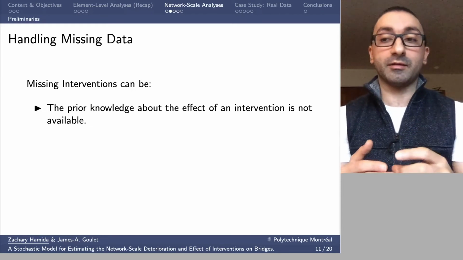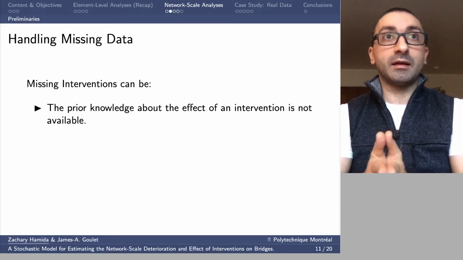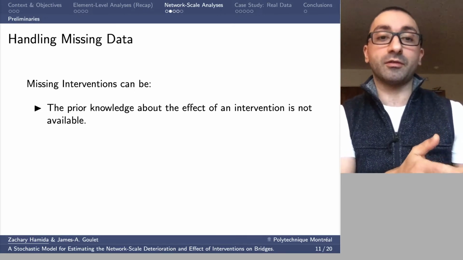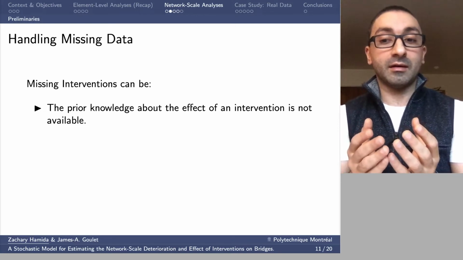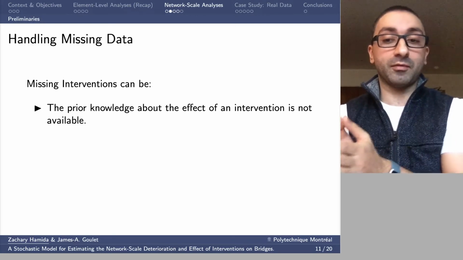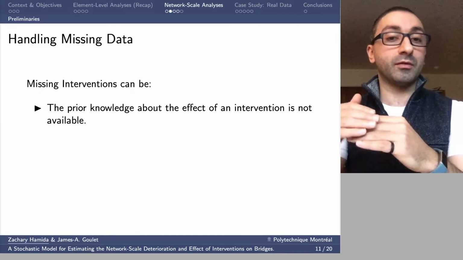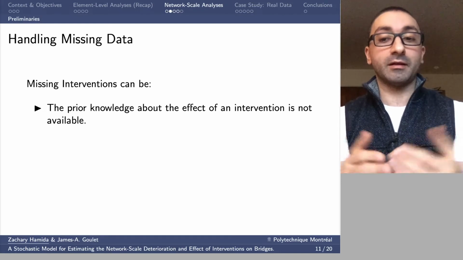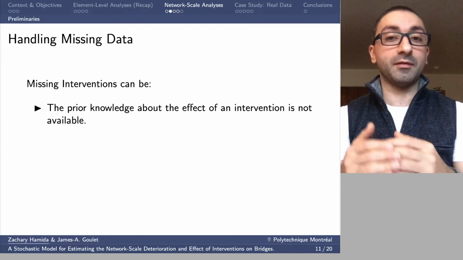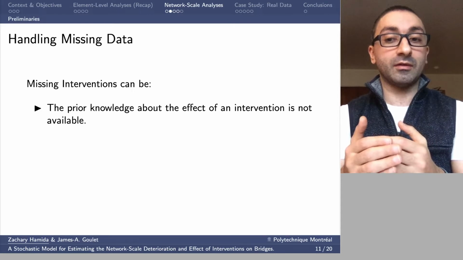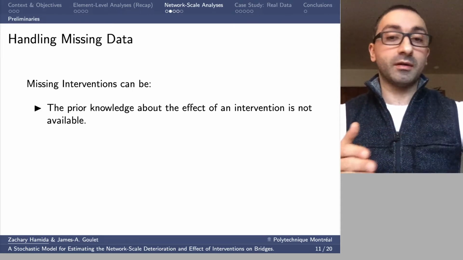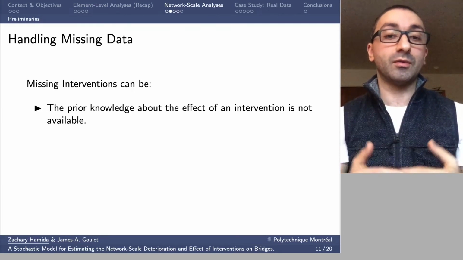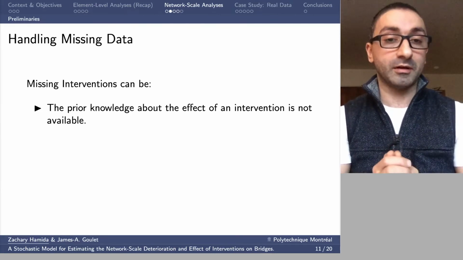The way we handle it is that for a given type of intervention on a given category of structural elements, if we don't have the effect of this type of intervention on that structural category, we look to the closest thing. The closest thing could be the expectation of the effect of that type of intervention on other categories that belong to the same group of structural elements.